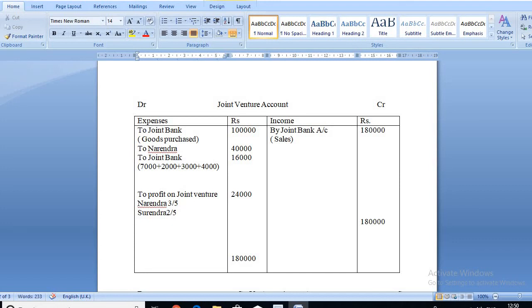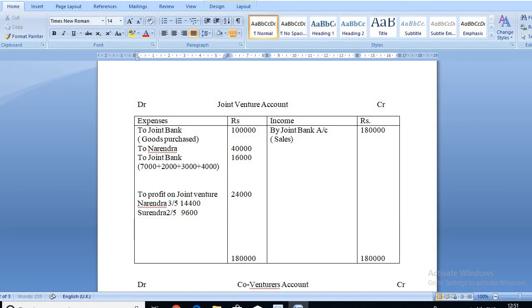How much? Narendra will get 14,400 and Surendra will get 9,600. So the joint venture account is over.